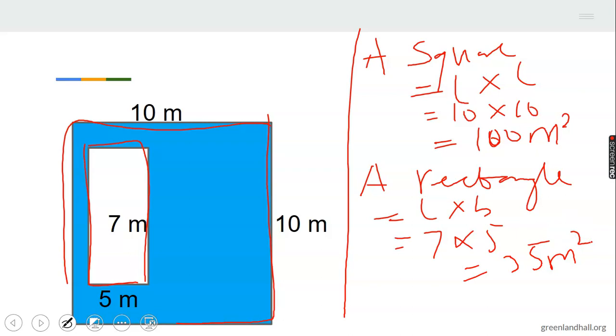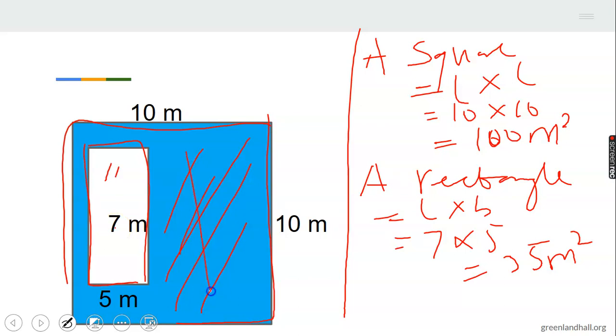Now, to find the area of the remaining part, which is all this side that is still blue, you can see this part is white. Part of the blue has been what? Cut away. Now, to find the area of the blue that is remaining, you subtract this from this. That is the area of the shaded part.